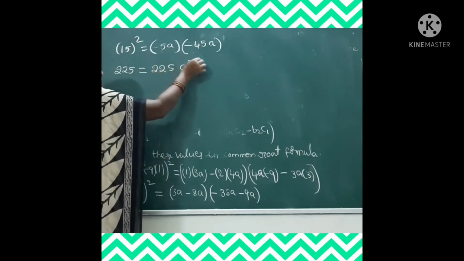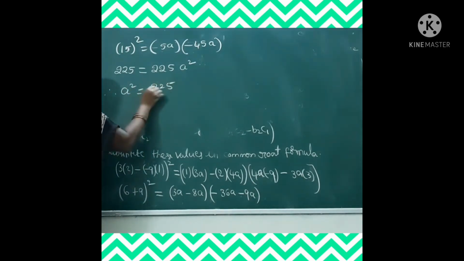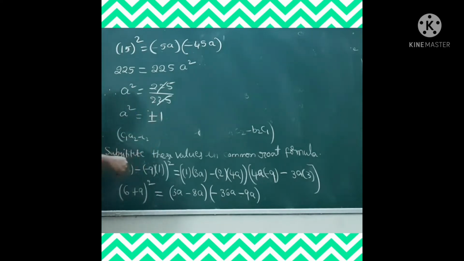Now therefore A square is equal to 225 by 225, both are cancelled, we get A square is equal to plus or minus 1, and therefore A is equal to 1 plus or minus 1.